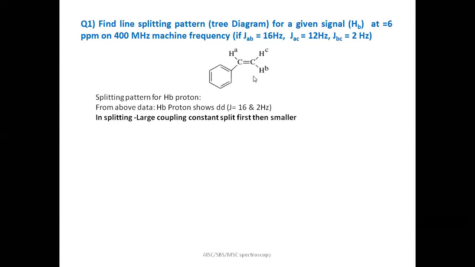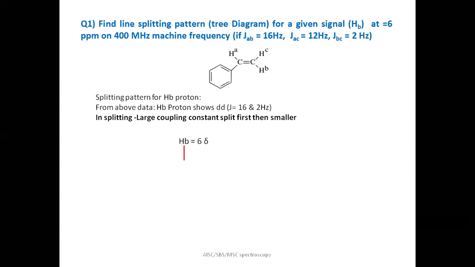In this tree diagram, the larger coupling constant splits first. Those with larger hertz split first because they require a lesser machine magnetic field. So let's start with this.